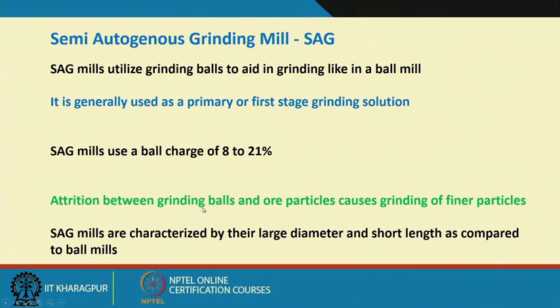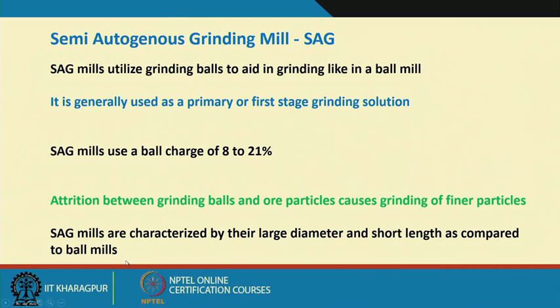Attrition between grinding balls and ore particles causes grinding of finer particles. That is a similar phenomenon to what we had observed in a ball mill, called attrition, or abrasion, where the bigger balls of higher density and very hard surfaces, when they have a cascading action, break my particles into finer sizes because of abrasion.